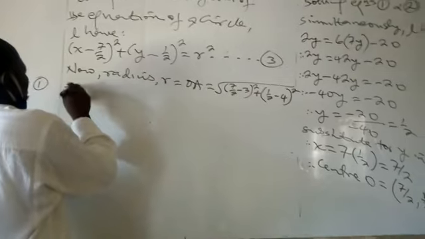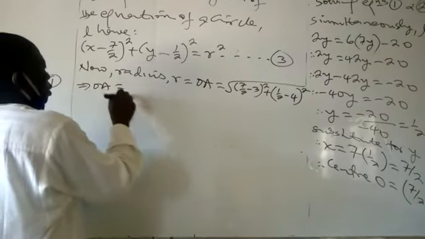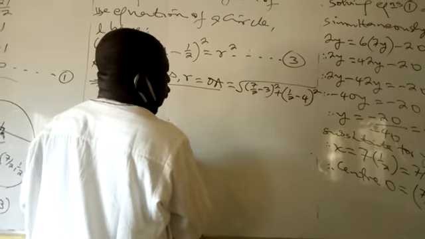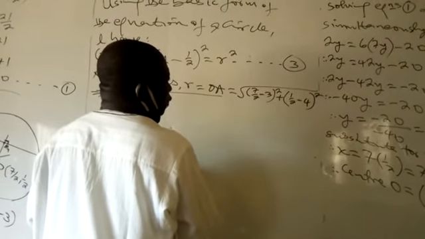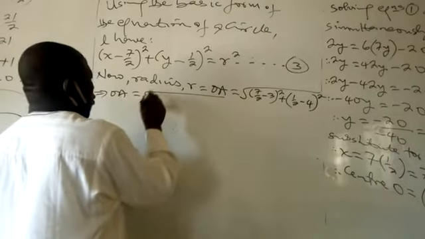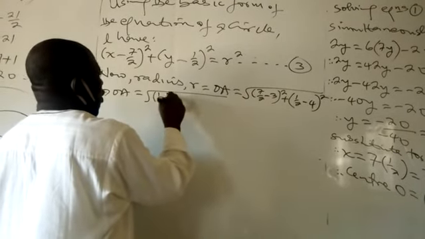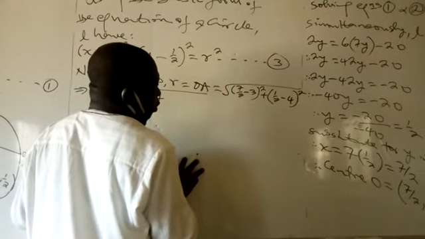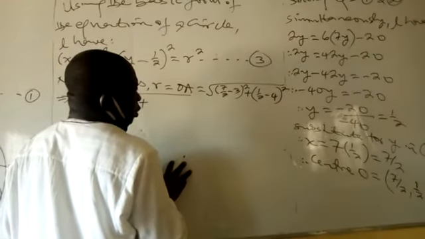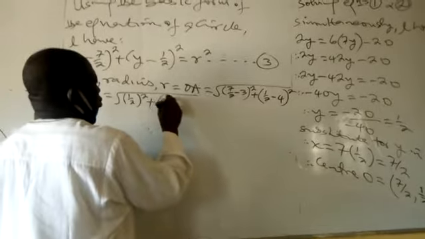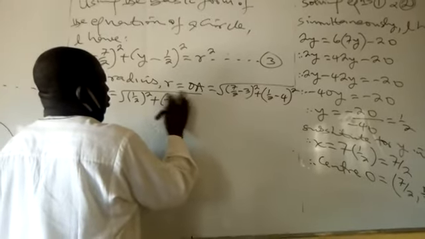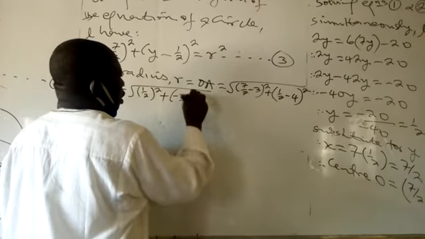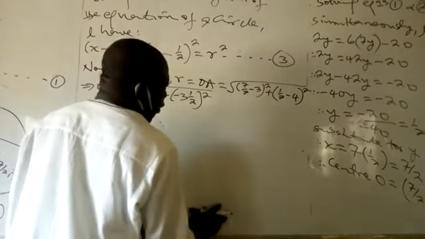So this means that OA is equal to the root of 7 over 2 minus 3. 7 over 2 is 3.5, 3.5 minus 3 is half. Half square plus half minus 4, which is minus 3.5, all square. Yes, I think it's okay.